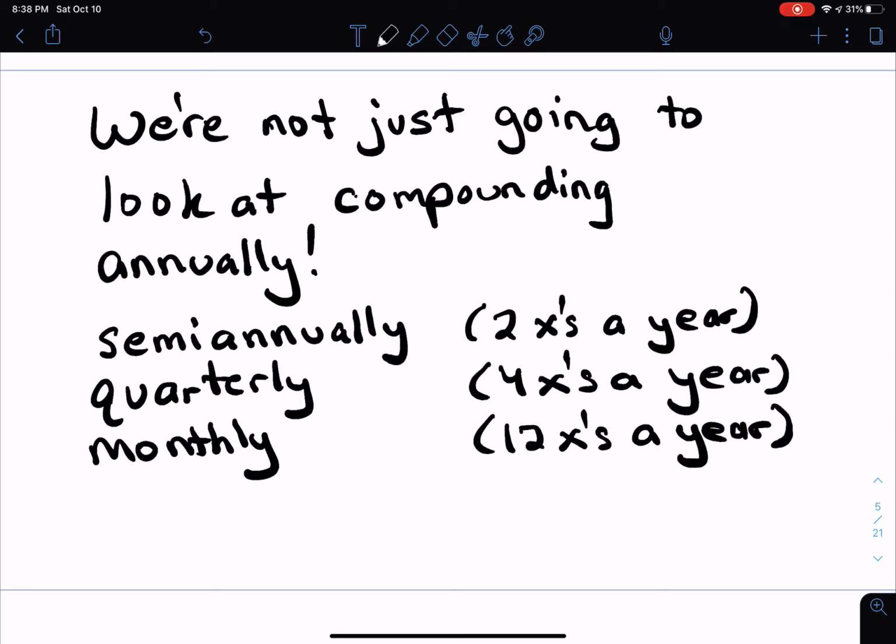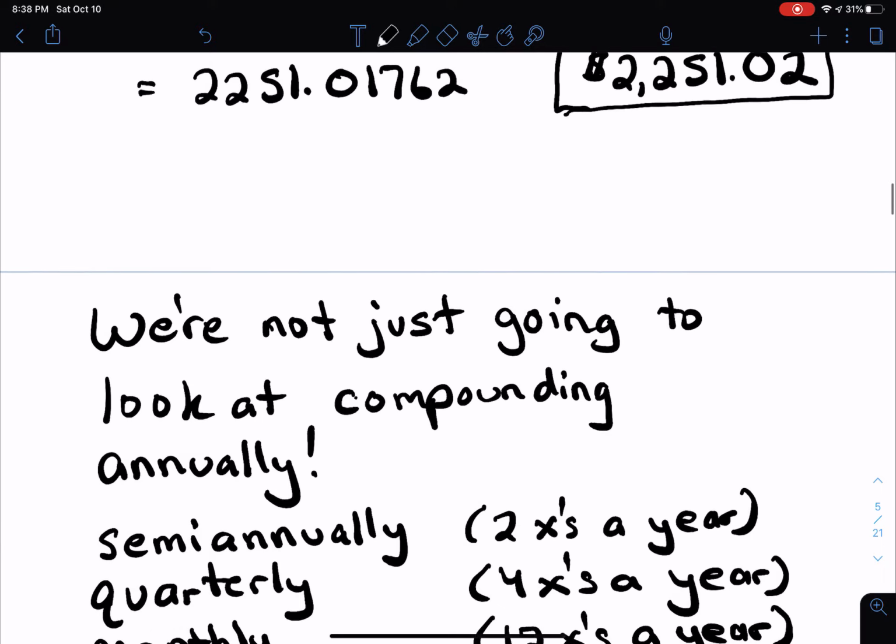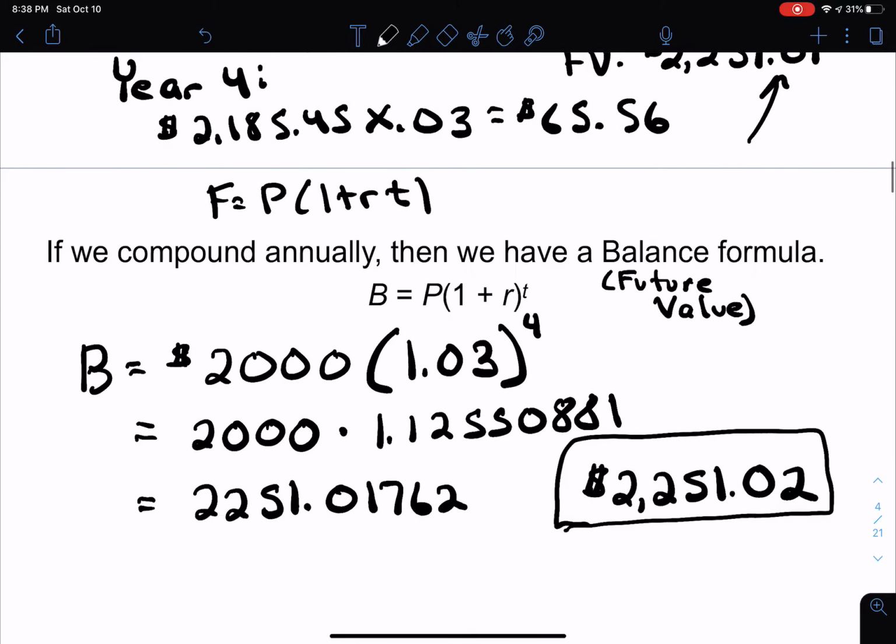And the thing with this though is when you start compounding, you have to introduce the number of compounding periods. And we usually use the letter n, lowercase n, to do that. So your exponent's going to change. Right now, our exponent t is based on years. Because the 1 plus r, like the 1.03, the exponent tells you how many times you've got to multiply it.